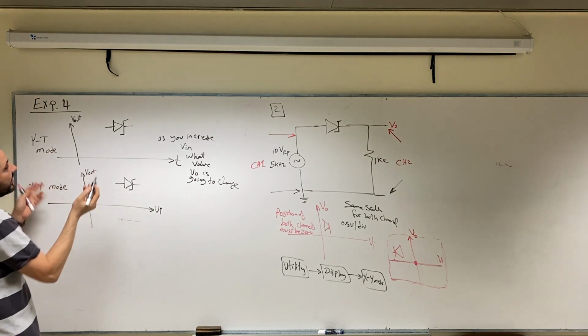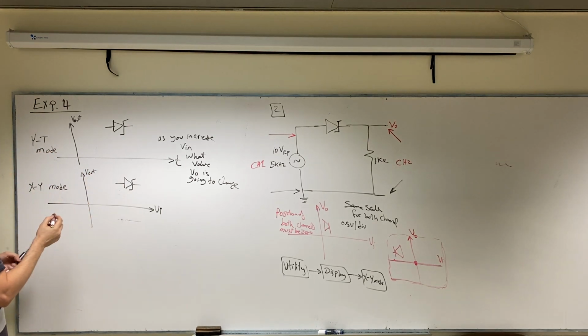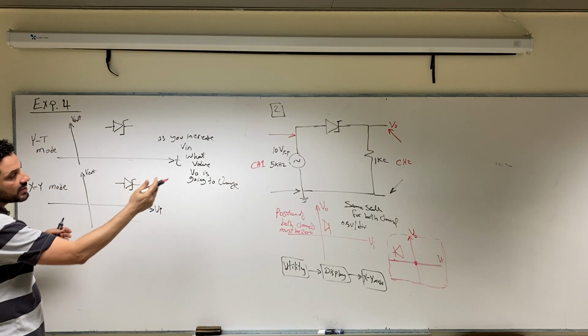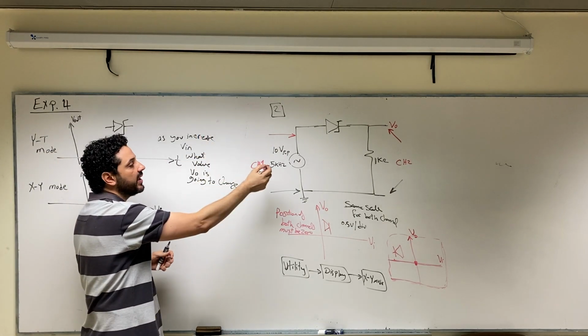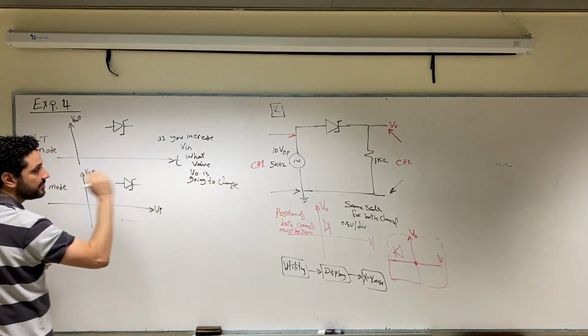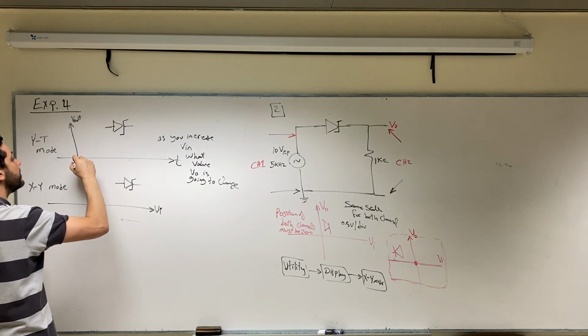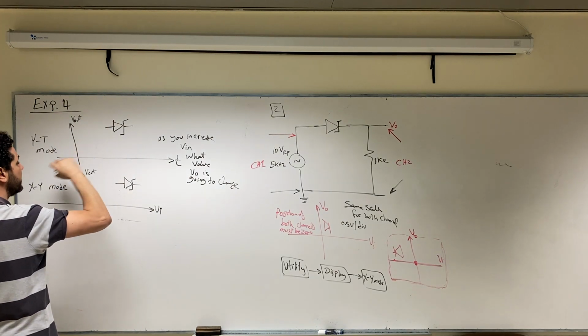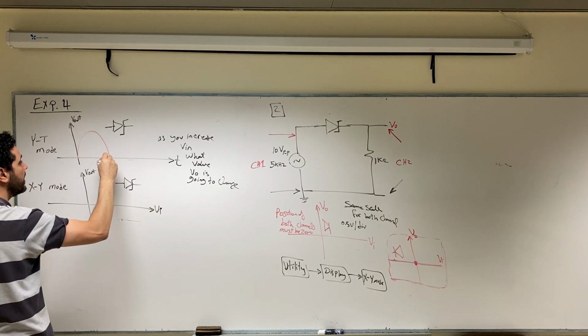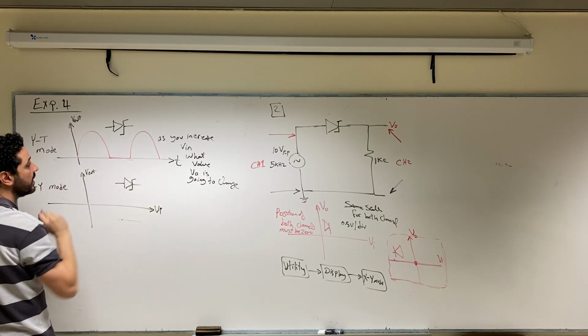Let me give you an example. In the beginning, when V input is 1 volt peak to peak or 2 volt peak to peak, for example, you will find that the Zener diode is going to operate only in the positive half cycle, so it's going to give you something like this.